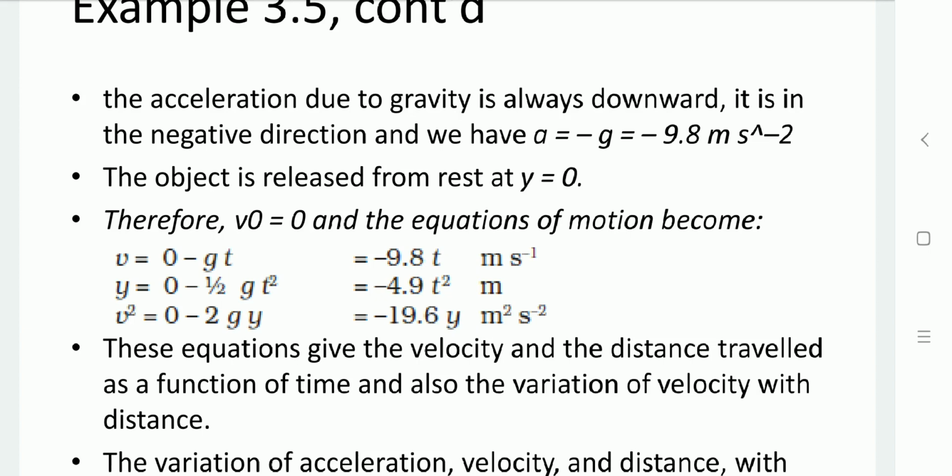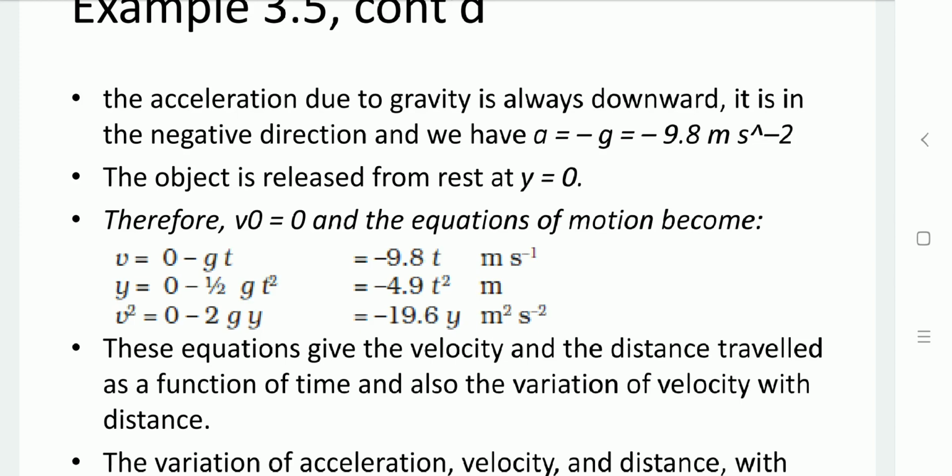Another equation is v square equal to v0 square plus 2a times x minus x0, that is 2a y. So v square equal to v0 square plus 2a y. Replacing v0 equal to 0, the initial velocity, and a with minus g, v square equals minus 2 g y, that is minus 19.6 y meter square per second square.